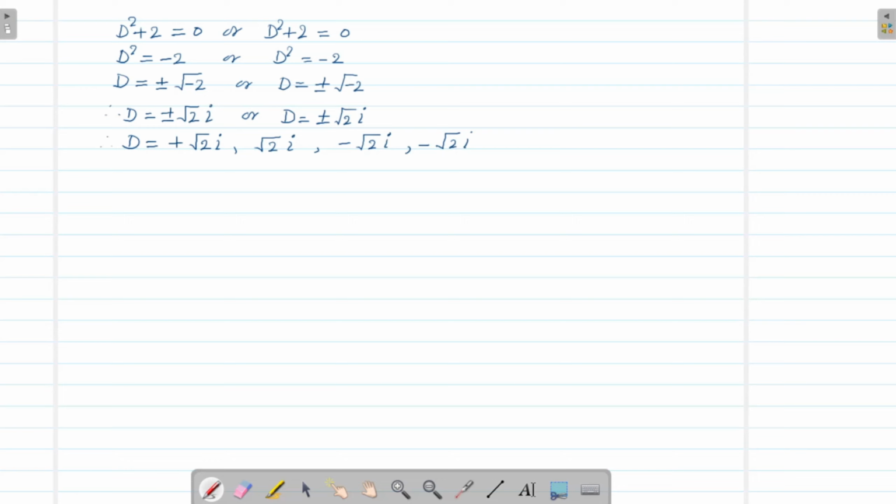For this we write the complementary function.